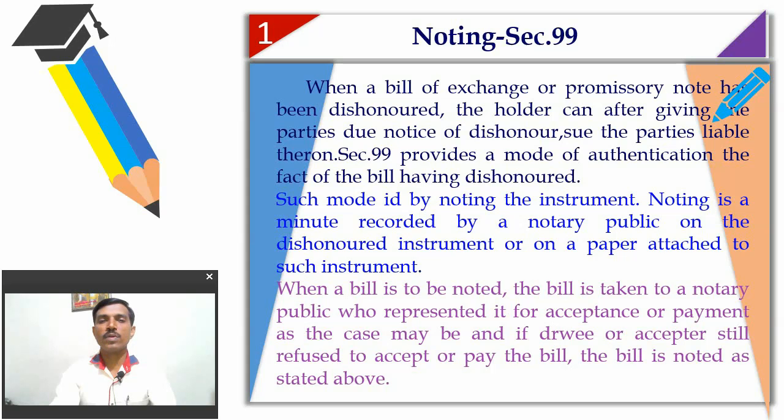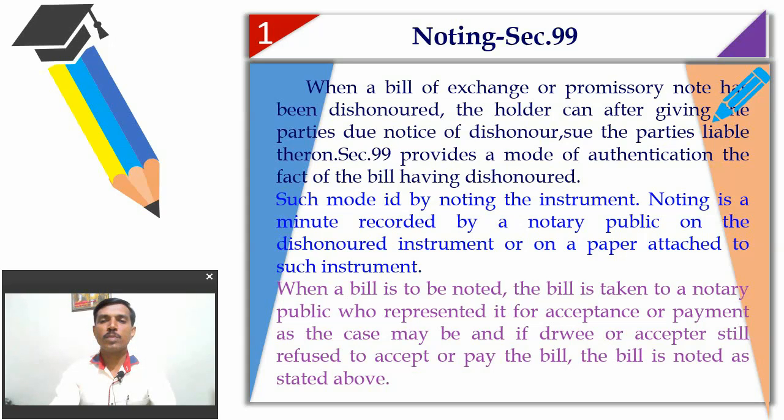Such a mode is the noting of the instrument. Noting is a minute of record by a notary public on the dishonor of the instrument, or on a paper attached to such instrument. If a check is not accepted by the bank or drawee for payment, there is no need for noting in the case of a check.